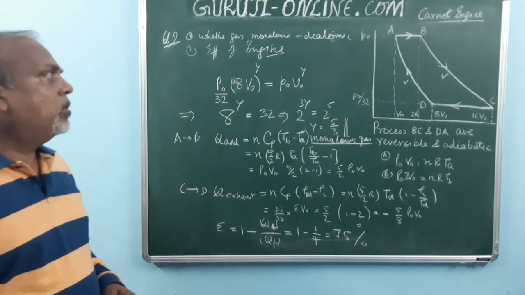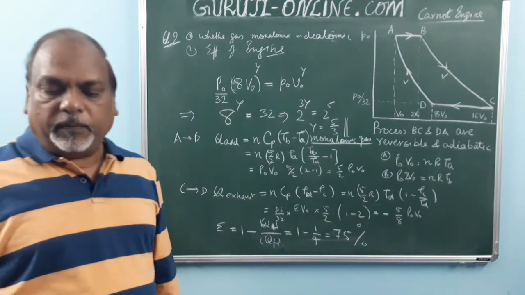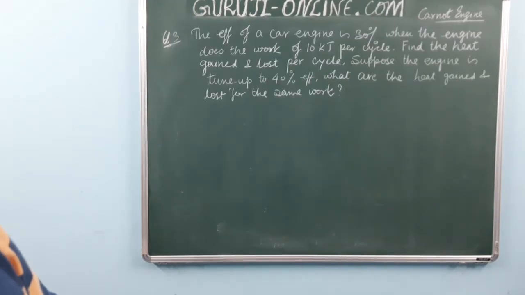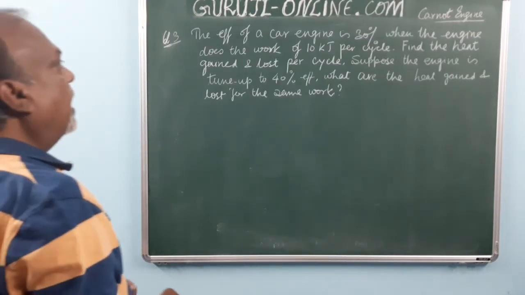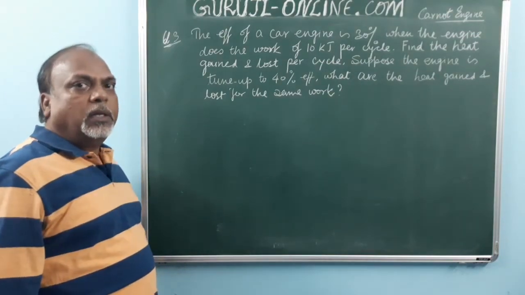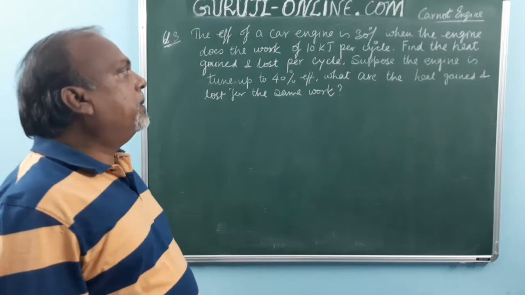So now we will go to the next question. This is the third question, and it says the efficiency of a Carnot engine is 30%.